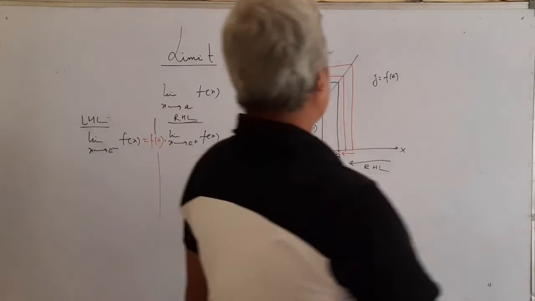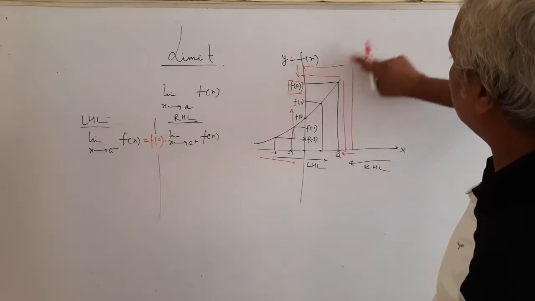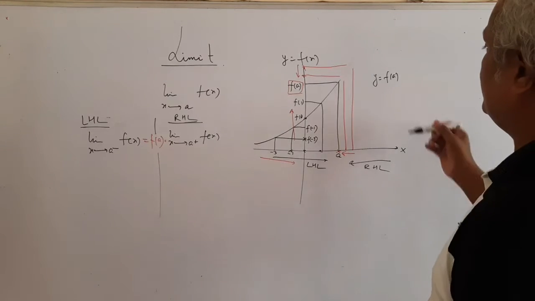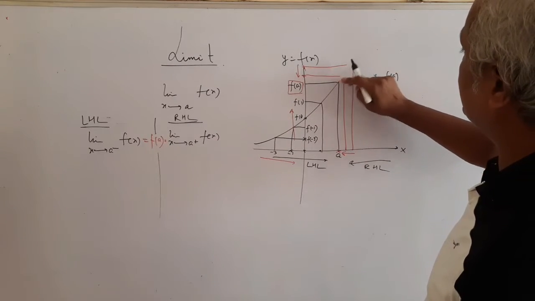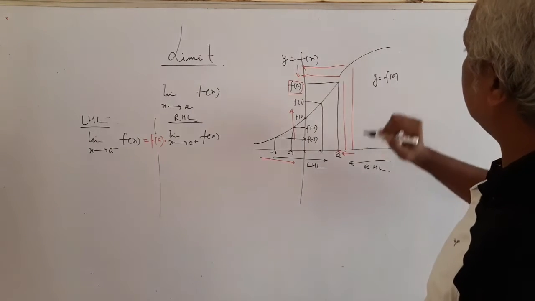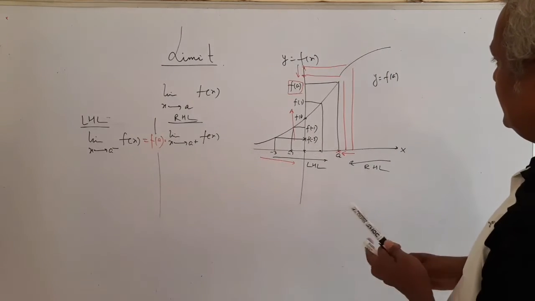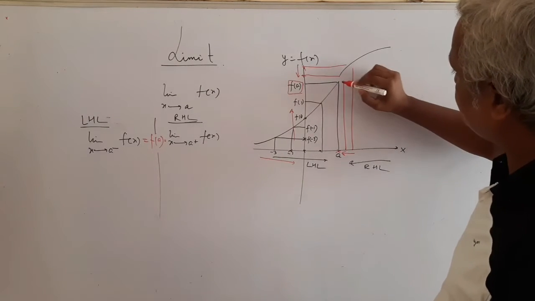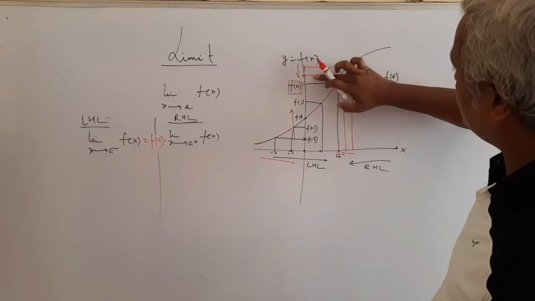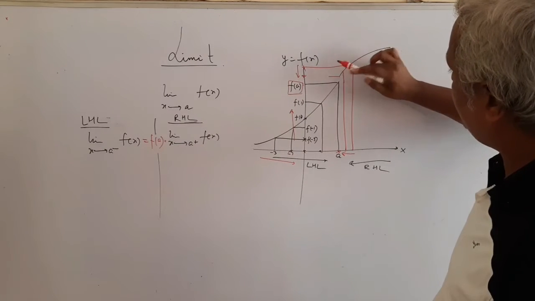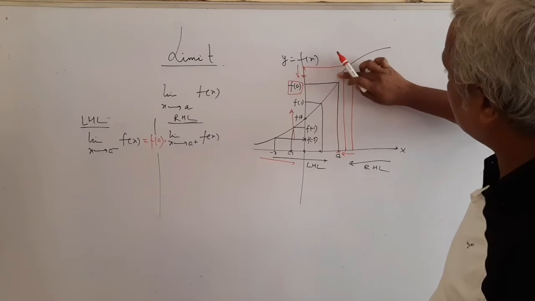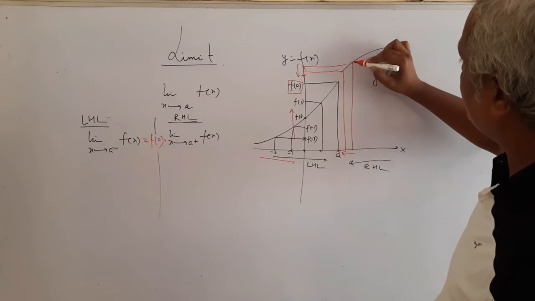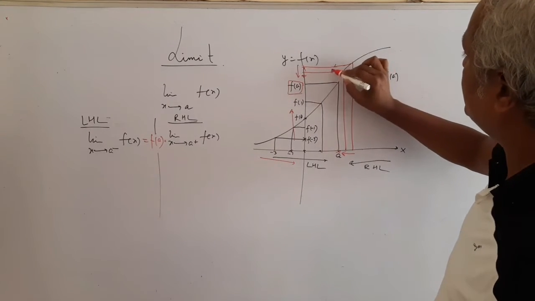Now when can this limit not exist? Suppose I change this function, and assume it is not one uniform function but a composite function, something like this. Then when I'm approaching here, the function is approaching here, and when I'm approaching this value here, the function is approaching this way.